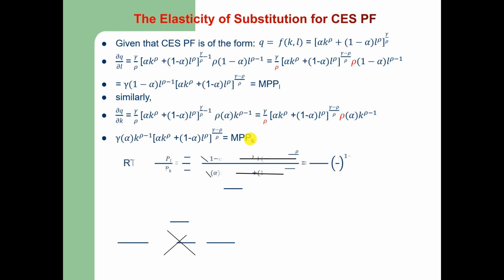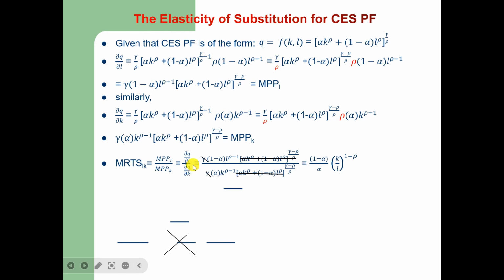We also know from basic microeconomic theory that if we take the ratio of the marginal productivity of the two inputs, that is the marginal physical productivity of labor and the marginal physical productivity of capital, that is equal to the marginal rate of technical substitution between labor and capital. In turn, this is equal to the partial derivative of q with respect to L divided by the partial derivative of q with respect to capital.